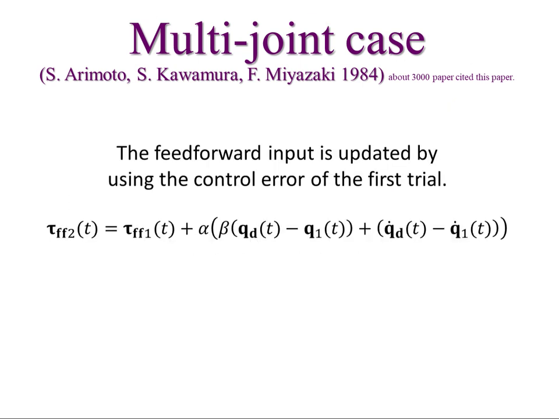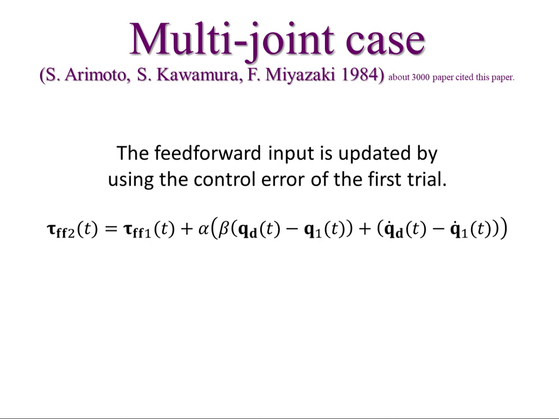The learning of the feed-forward torque is also done by applying the same learning law used for the single-joint robot to each joint. Therefore, iterative learning control and repetitive control are extremely simple, even when used for a multi-joint robot.